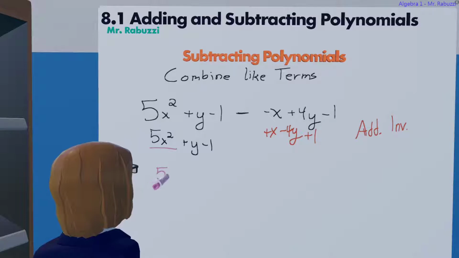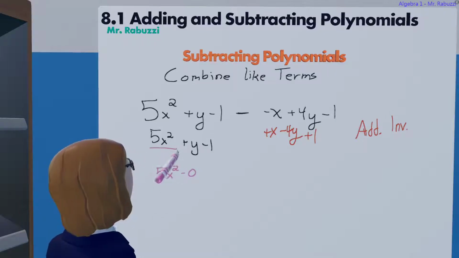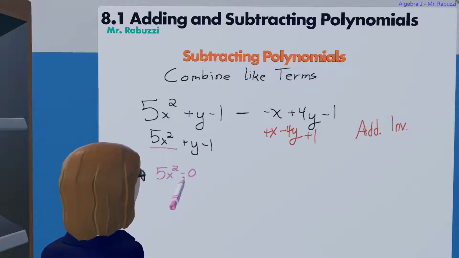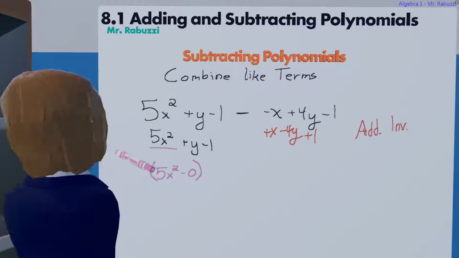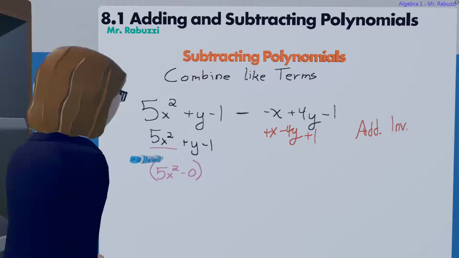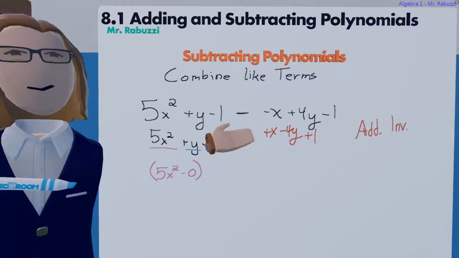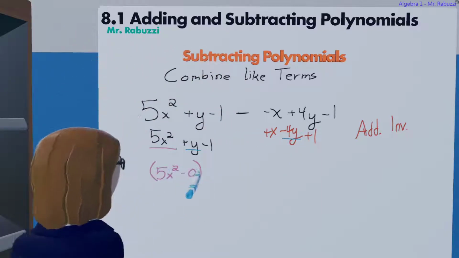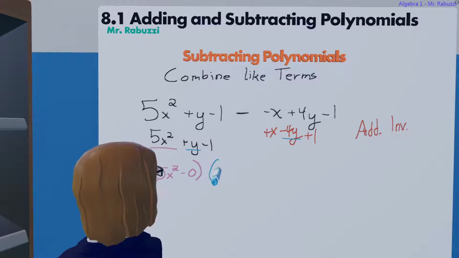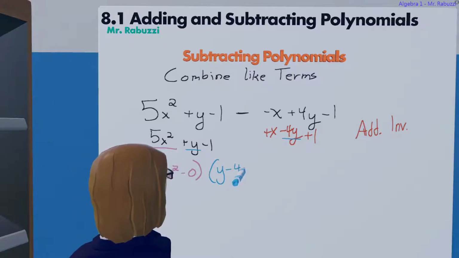It's 5x squared. But remember, this time it's minus 0 because it's in the front and there's not one over here. That's going to be easy. Next term, y. Is there a term with just a y? Yep. Negative 4y. So we've got y minus 4y.